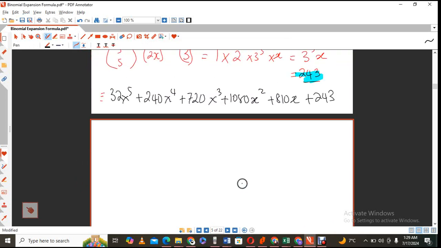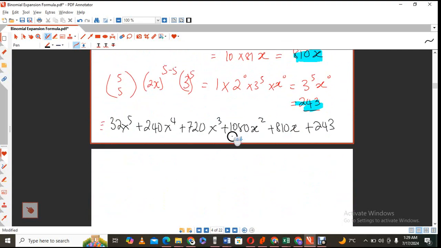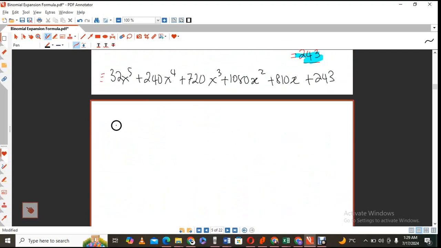All right. So let's suppose this question right from the onset was 2x plus 3 raised to the power of 5. Okay. So it was 2x plus 3 all raised to the power of 5. Say, for example, we are supposed to find the fourth term. What will be the fourth term? In this particular case, we have done our expansion, but we are looking for not just the fourth term.